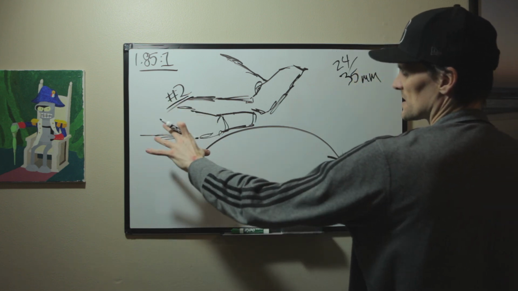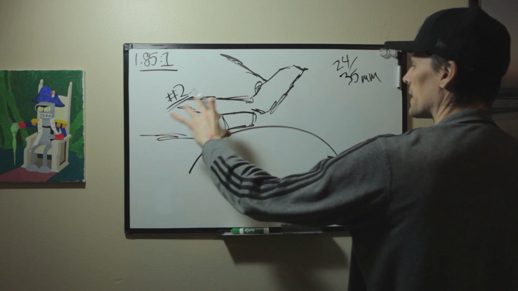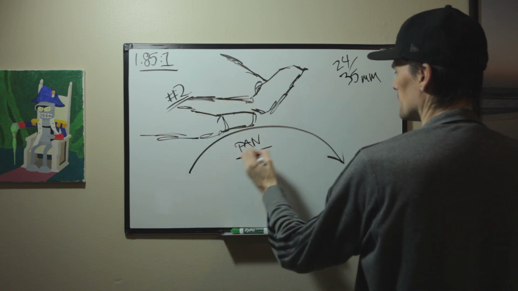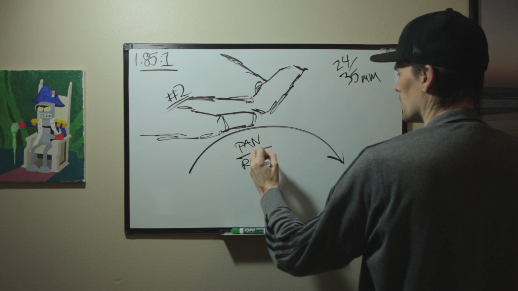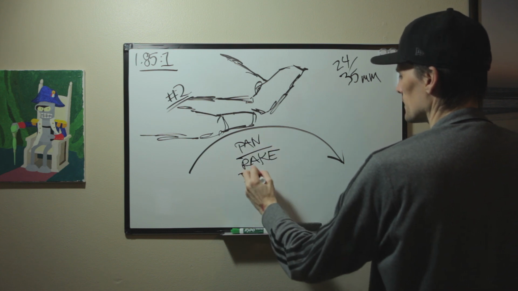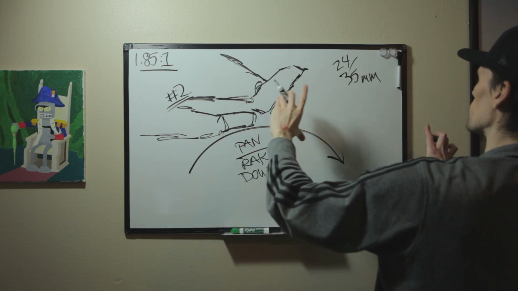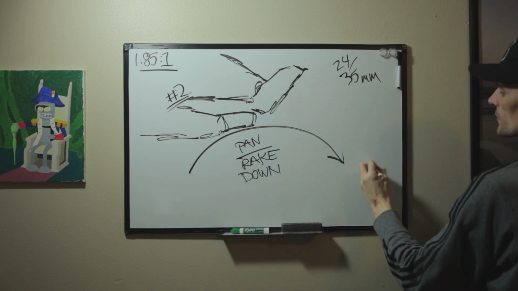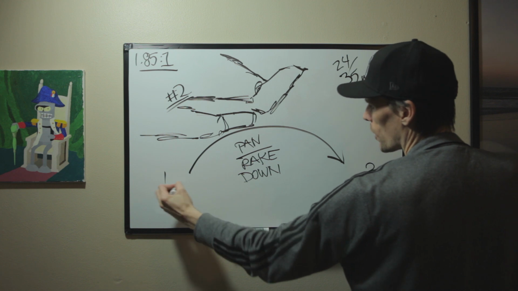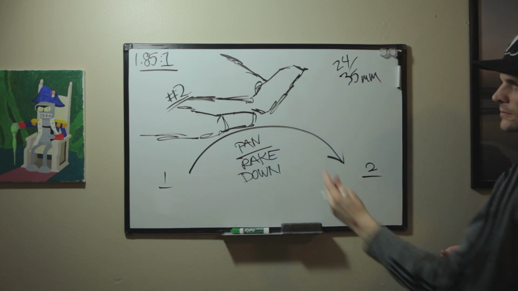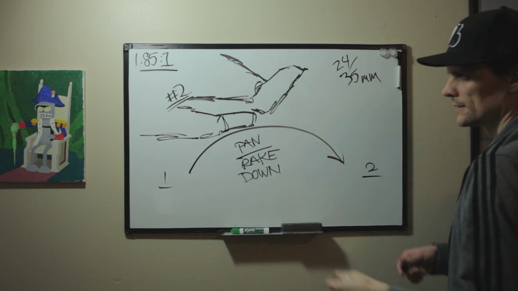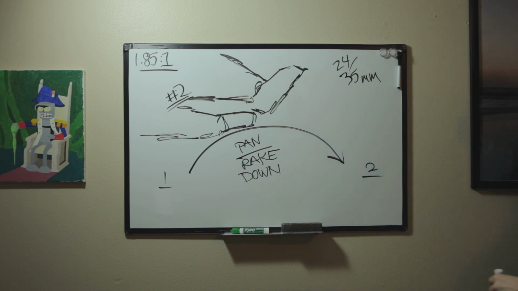Starting off from static, then panning, rake down. So the camera's doing the same movement, but it's more or less doing that as it's walking through, then it's stopping here. So if you want to say like stop back to 1 and then at 2, right? So absorb shot number 2.